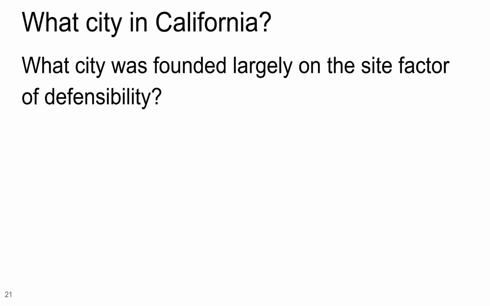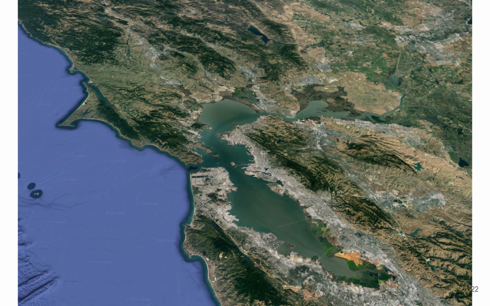So California. What city in California was founded largely on the site factor of defensibility? Well, here's the entire San Francisco Bay, and you can see that to get into the bay, you have to go through this strait, this narrow opening, and the strait itself was called the Golden Gate.